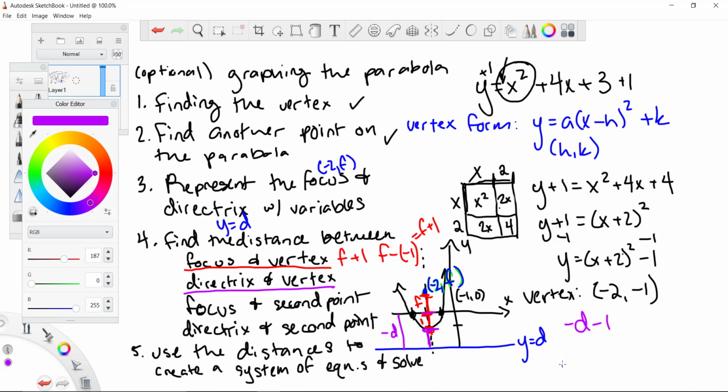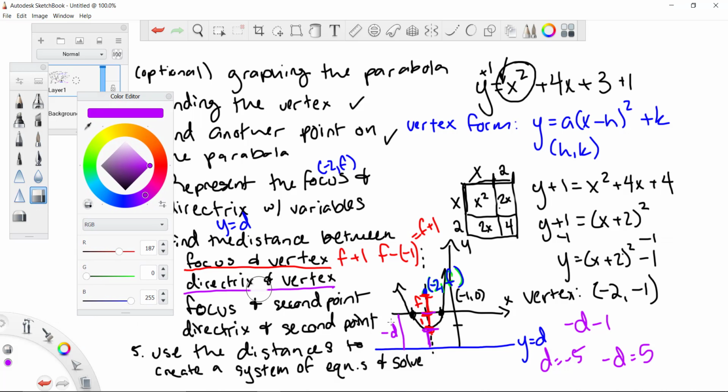And why should it be -d? It should be -d because d is a negative number, right? So if this is at y equals -5, then the distance here wouldn't be -5. It would be the opposite of that, which is +5. So if d equals -5, then -d gives us our distance of +5. So that should be -d minus 1.